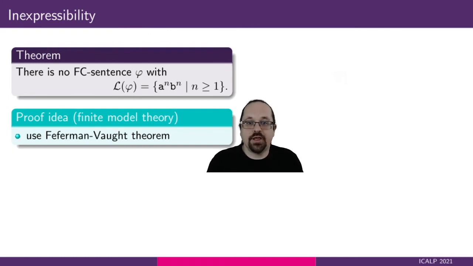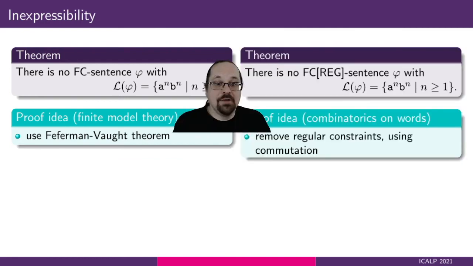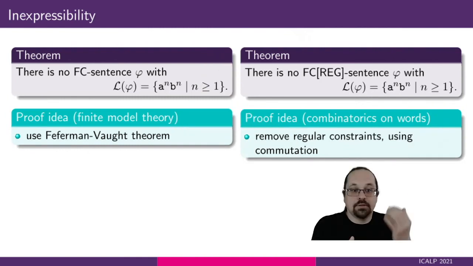And we can prove that by going into finite model theory using the finite Feferman-Vaught theorem. But we can also extend this to FC with regular constraints. It's using a technique from combinatorics on words where we can express bounded languages using formulas that do not use any constraints. We can remove the constraints of the hypothetical formula that we have. So if we could express it in FC-reg, we could express it in FC.